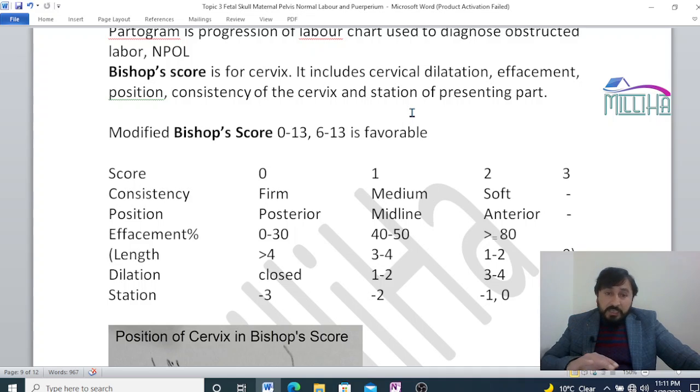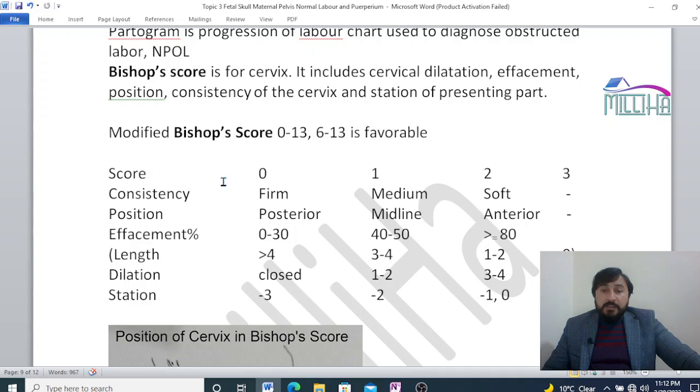Actually, stations I have just explained to you with the help of a diagram above. So it's about modified Bishop's score. What is modified? Modified Bishop score also includes length in place of effacement. The modified Bishop score includes length of the cervix.